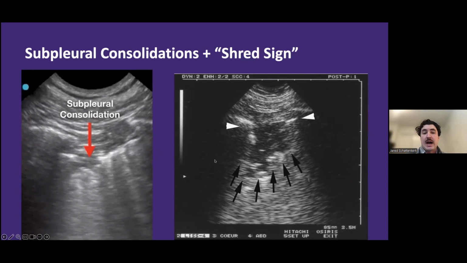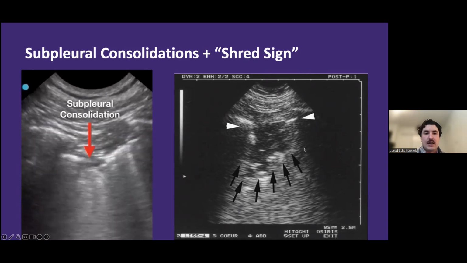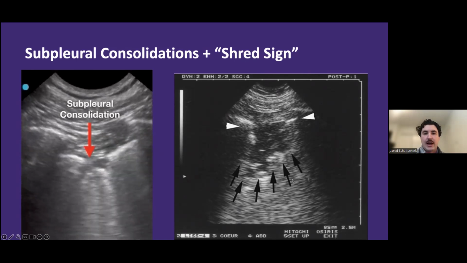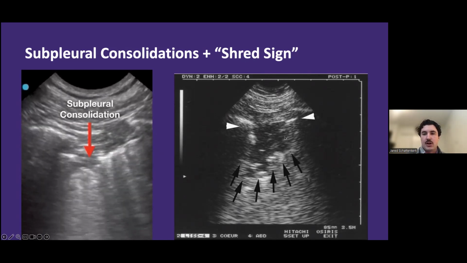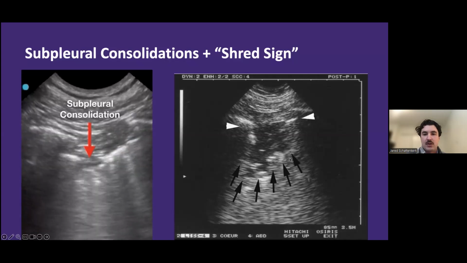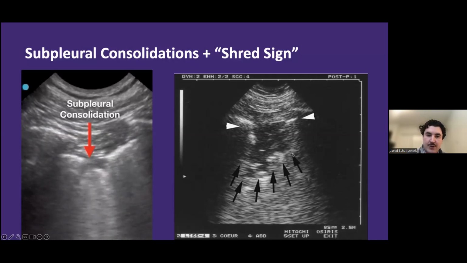There's a sign in the ultrasound literature called the shred sign. Essentially that's represented by these black arrows. You see the pleural lining here with the white arrows, you see this subpleural consolidation, and then these black arrows along the border, this jagged echoic edge.